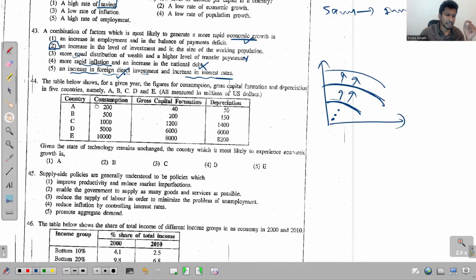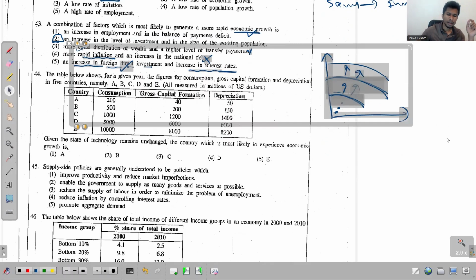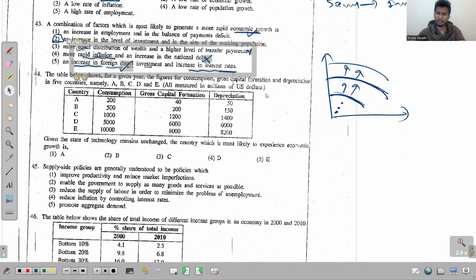Right. So question 44. In question 44, we get this. The table below shows, for a given year, the figures for consumption, gross capital formation and depreciation in 5 countries, namely A, B, C, D, E, all measured in millions of US dollars.